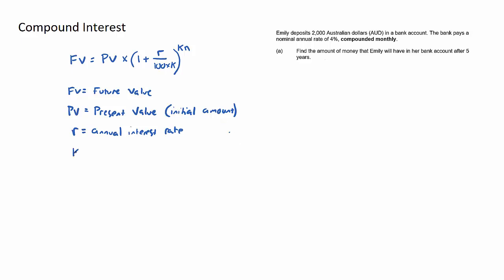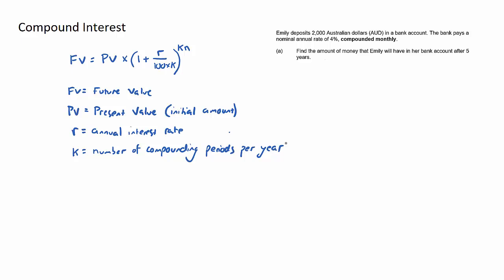K is our number of compounding periods per year. This is an important point. Now the question will either say this account compounds either monthly, quarterly, semi-annually, or annually.